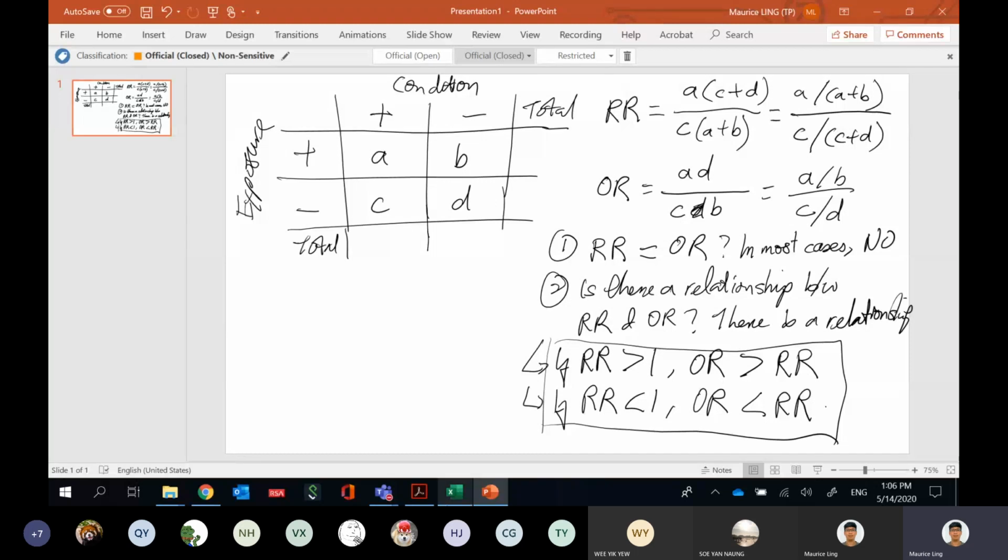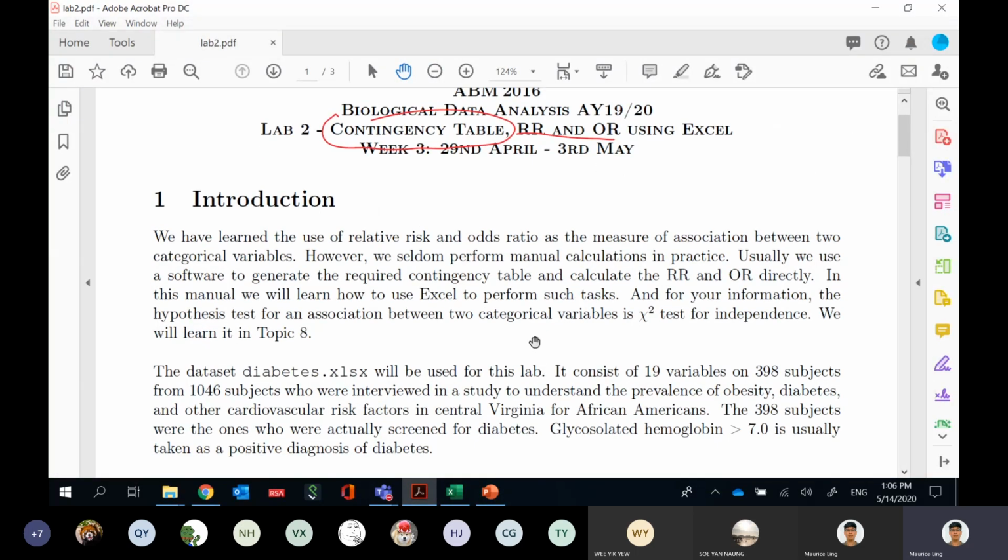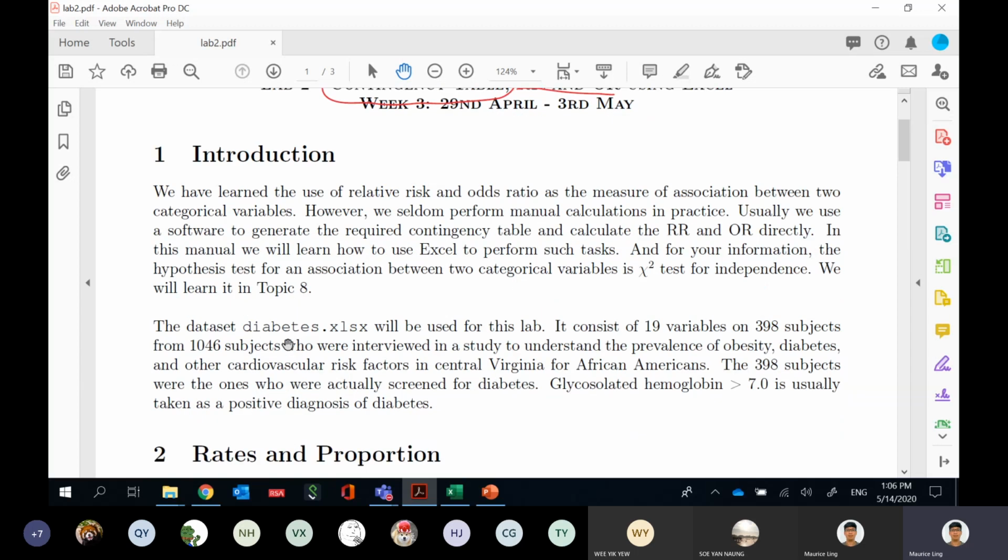Okay, so let's go to our lab. What we are trying to do is to use this diabetes data set, which is a large data set, and this is an actual data set from a paper, consisting of 19 variables on many different subjects. It has 398. The original data set is actually much larger, 1,000, looking at prevalence of obesity and so on.